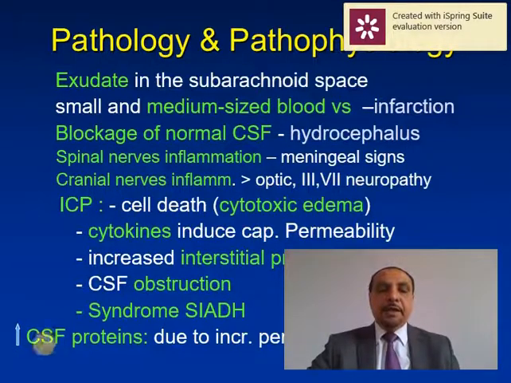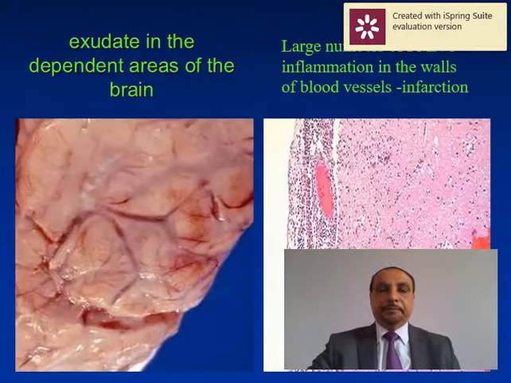By this, there will be an increase in the CSF protein due to this obstruction or infection, and increased intracranial pressure. When we do a lumbar puncture and examine the CSF, there is an increase in the protein because of the increased permeability of the blood-brain barrier because of infection.